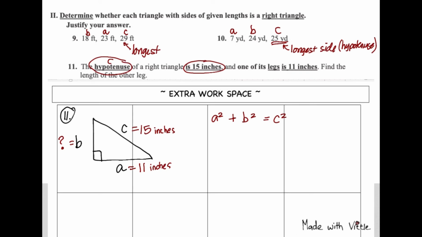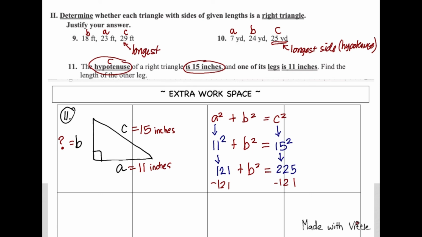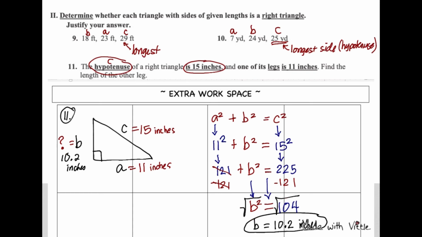Now substitute the given values. Find the squares. Make the b squared alone. Now get the square root on each side of the equal sign. The approximate length of one of the legs is 10.2 inches, rounded to the nearest tenth.